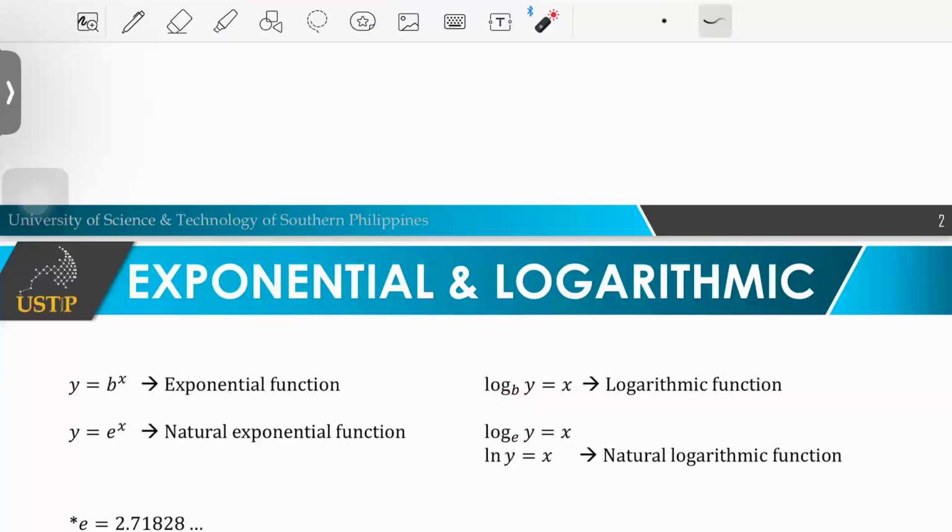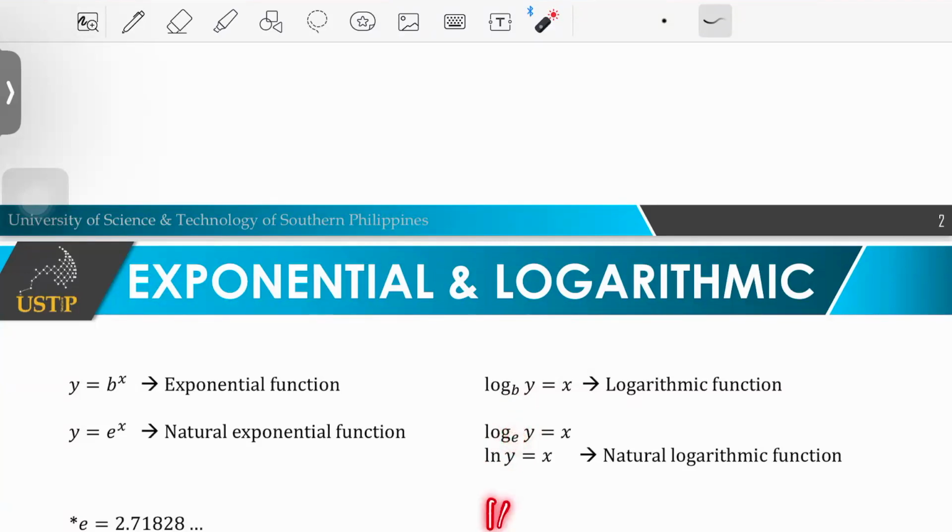If you have log of base e, this can be rewritten as ln. It just denotes that the logarithmic function is a natural logarithmic function. Again, ln is a special type of logarithmic function where your base is e.